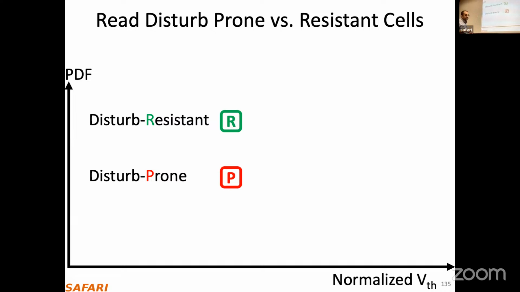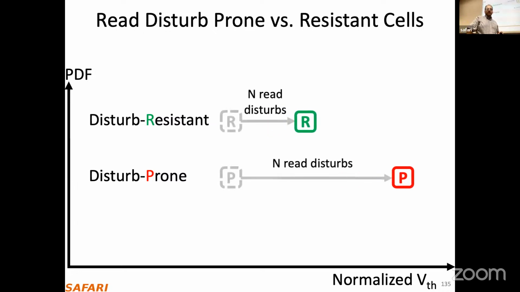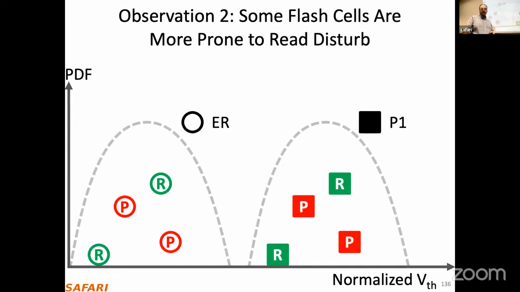There are some cells that are disturb resistant, which means that as a result of read disturb, the threshold voltage is not going to change a lot. And there are some cells that are disturb prone, so their threshold voltage will change a lot. So we will see something like this: when you have, for example, N read disturbs, some cells change a lot, and some cells change just a little, like the disturb resistant ones.